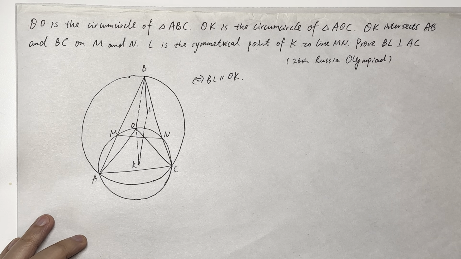That would be the conclusion from BLKO being a parallelogram, which means we have to find another way, instead of using BL parallel to OK, to prove that BLKO is a parallelogram.